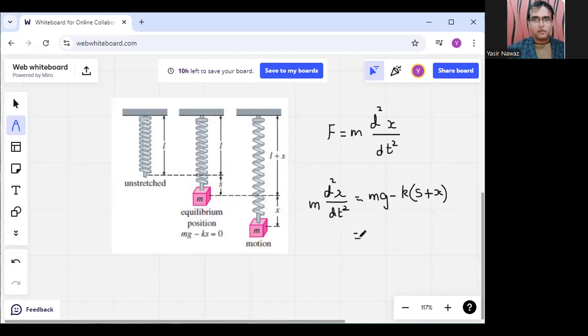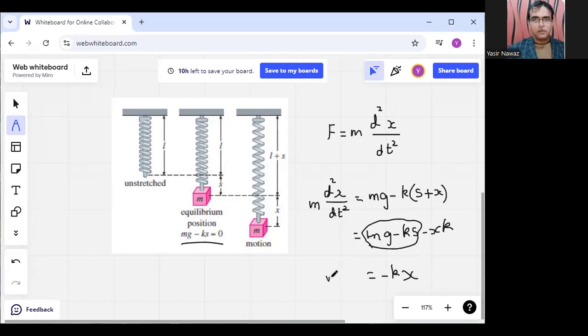Now this can be written as mg minus ks minus xk. Due to the equilibrium, mg minus ks is equal to 0. This thing becomes 0, so the remaining would be kx.